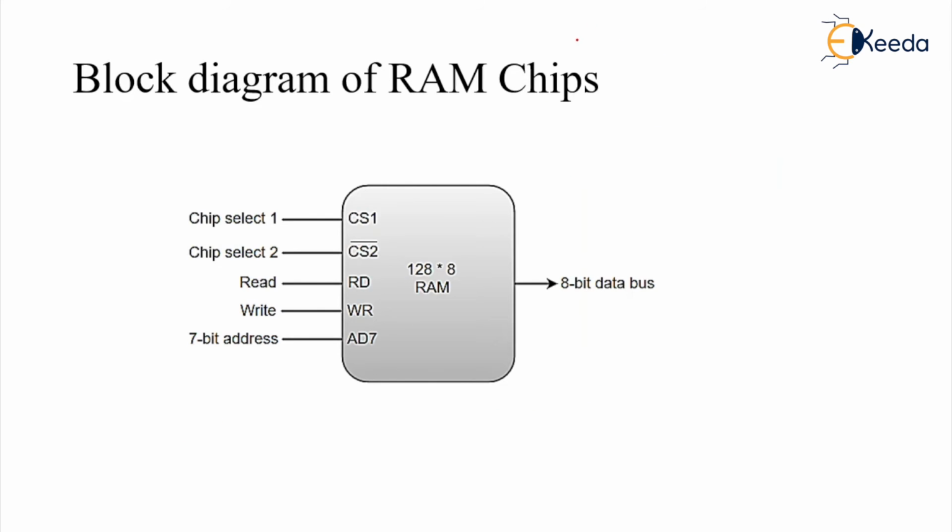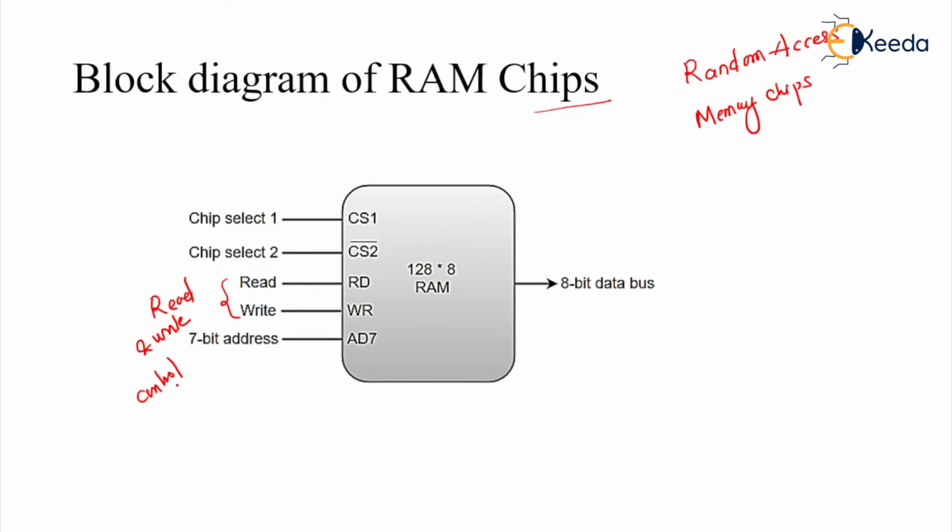But actually it is constructed with random access memory chips. We have a chip select 1 active high and chip select 2 active low. There is a read and write control signal that says whether you want to read or write, so you first have to activate it, and there is a 7-bit address.